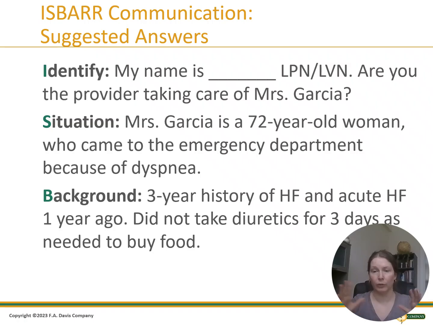Their workload is even greater at night too. So we need to make sure we're quickly identifying ourselves, identifying our patient, giving them the situation, what brought them in, why you're calling, okay? Giving them a background.